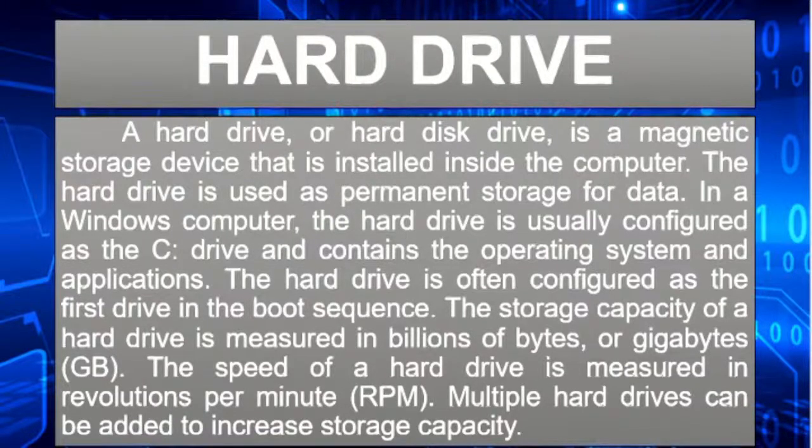The hard drive is often configured as the first drive in the boot sequence. The storage capacity of a hard drive is measured in billions of bytes or gigabytes or GB. The speed of a hard drive is measured in revolutions per minute or RPM. Multiple hard drives can be added to increase storage capacity.